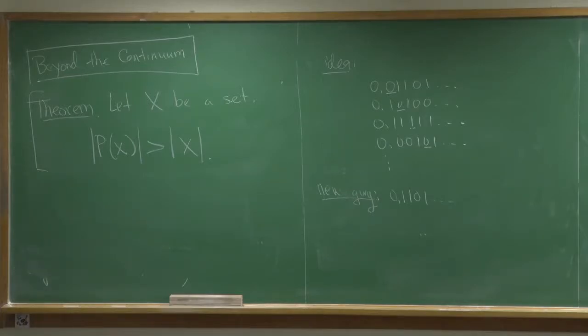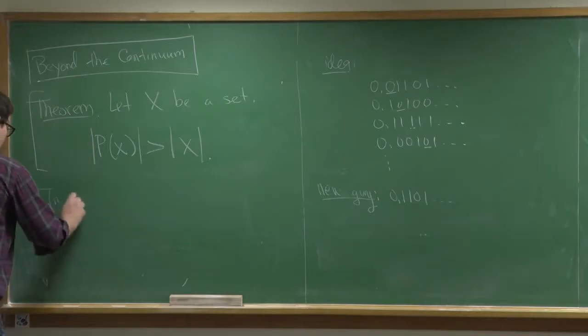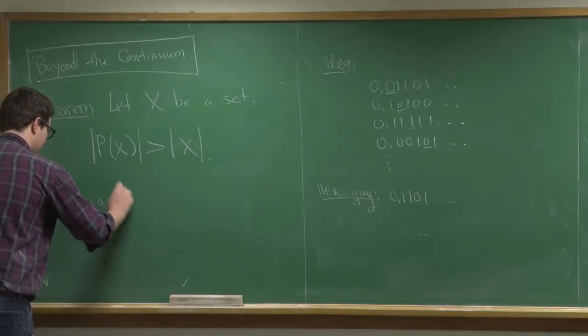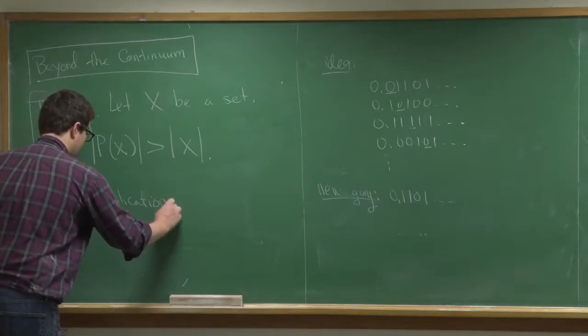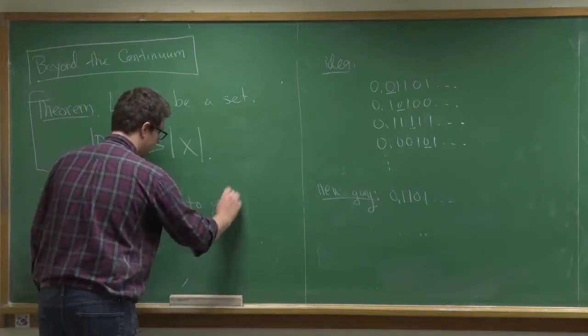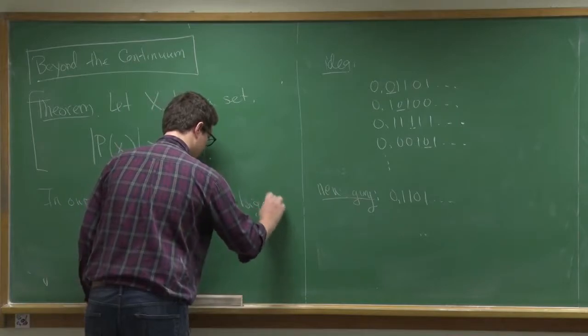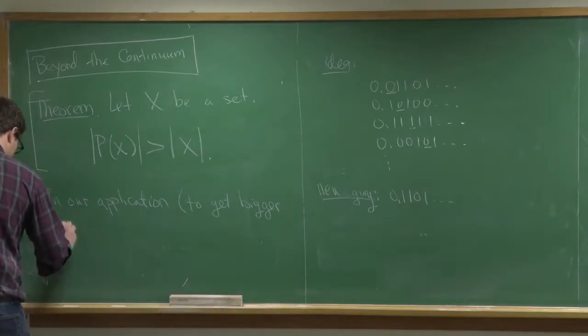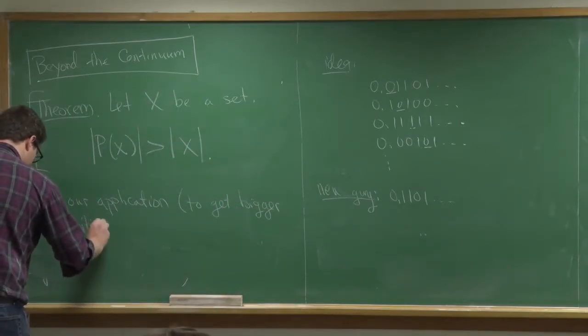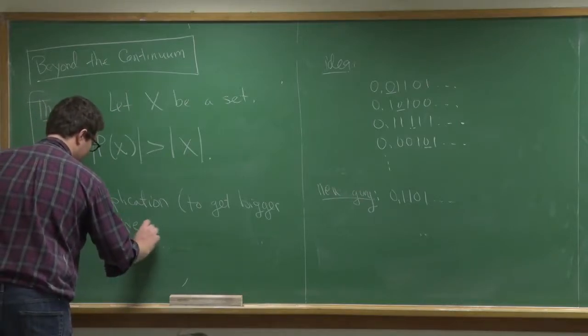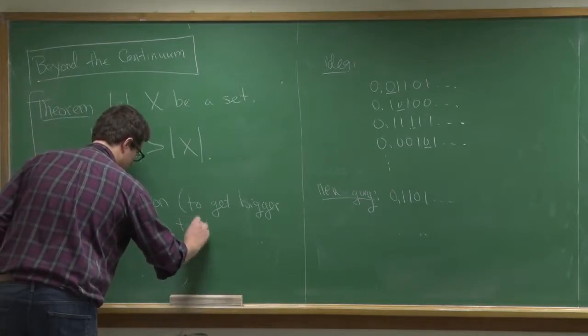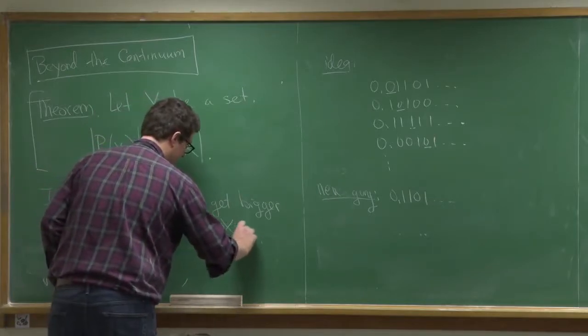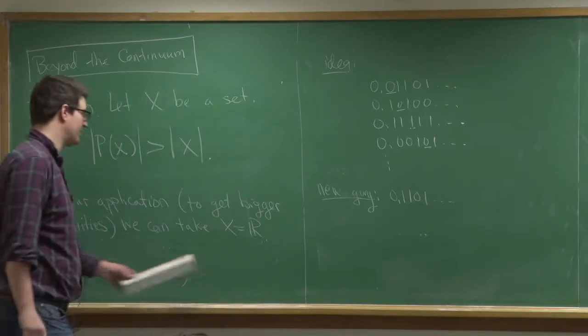So we have the countable infinity, and in our application, this means to get bigger infinities, we can take X to be equal to the real numbers, right?